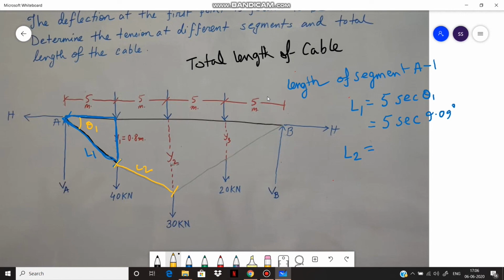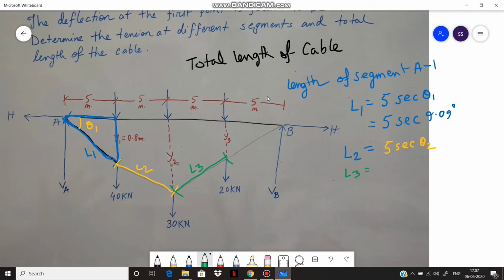So L2 becomes 5 sec θ2, and then the length of segment 2, 3, and we take this length as L3. So L3 is calculated using the same trigonometrical concept and the concept of triangle.